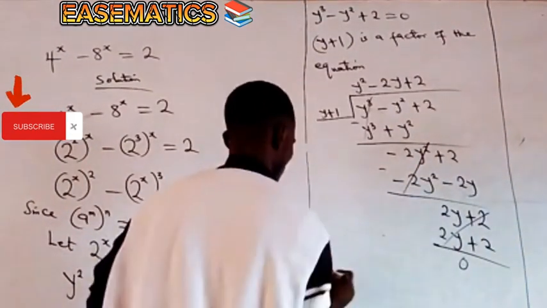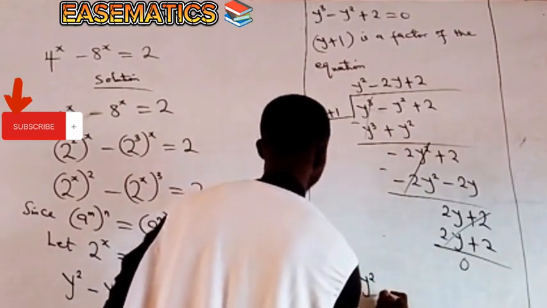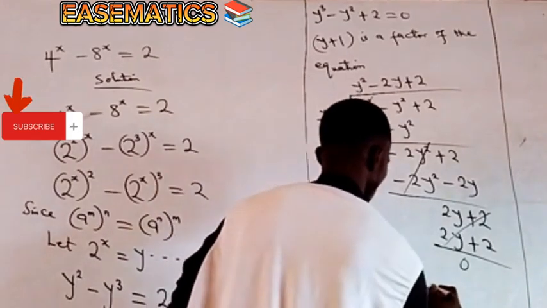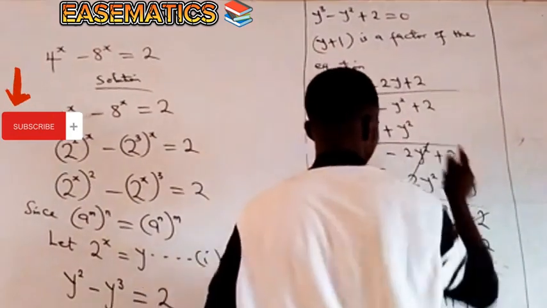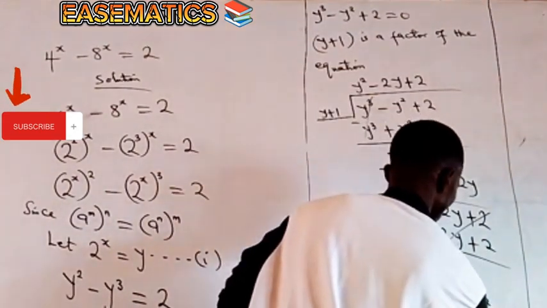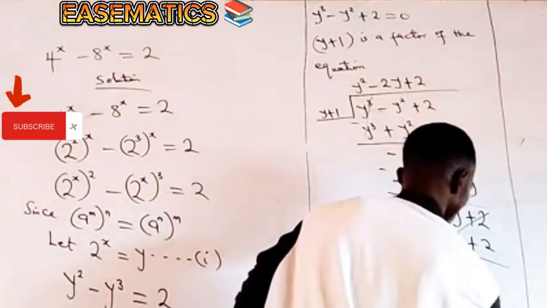That means that y cubed minus y squared plus 2 can also be written as y plus 1 times y squared minus 2y plus 2.